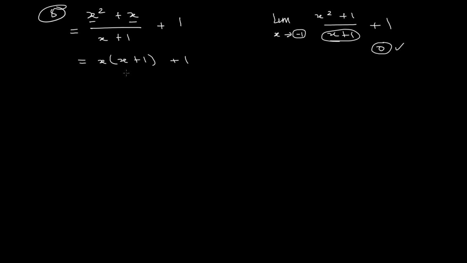Then I add 1 and then I divide here. That's the pattern I've recognized. Then you can cancel those, and what you have is x plus 1, like that. Now you can put in the limit, and the limit will be 0. It can be 0, but it can't be undefined.